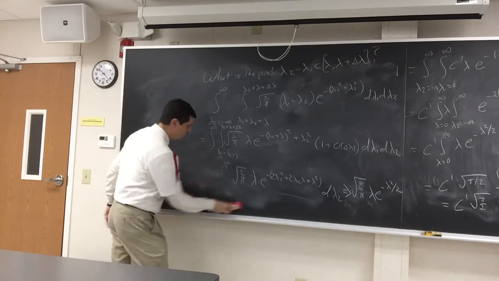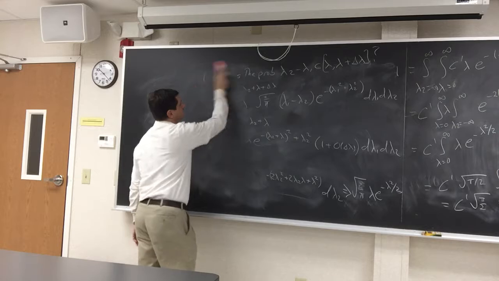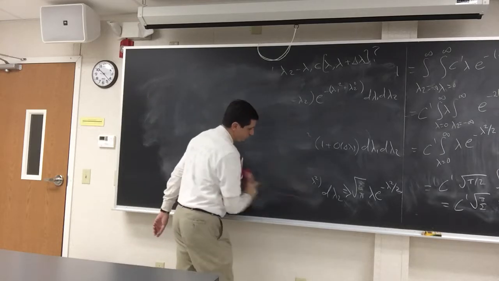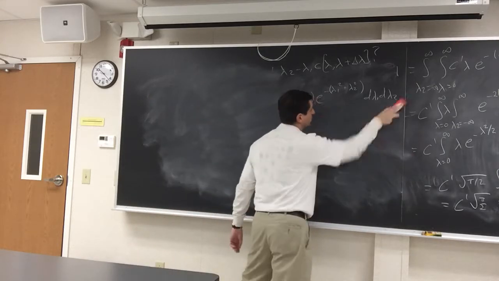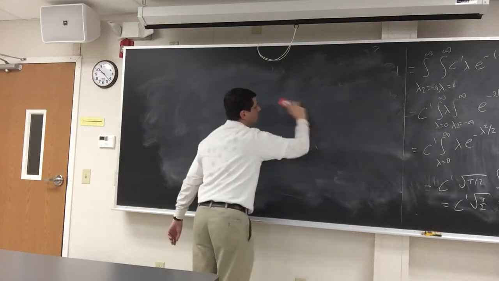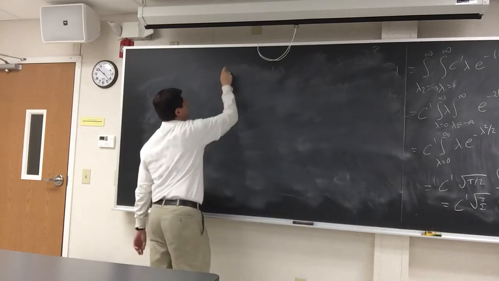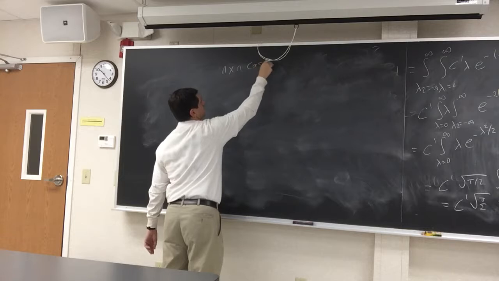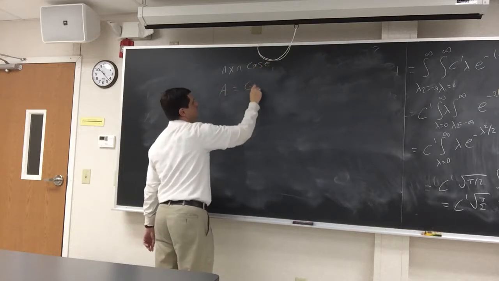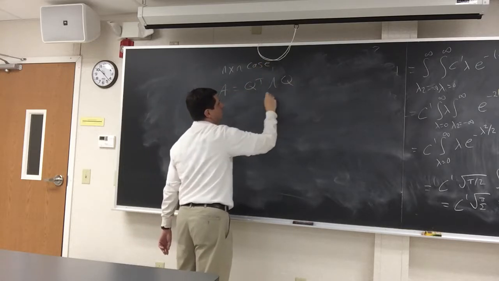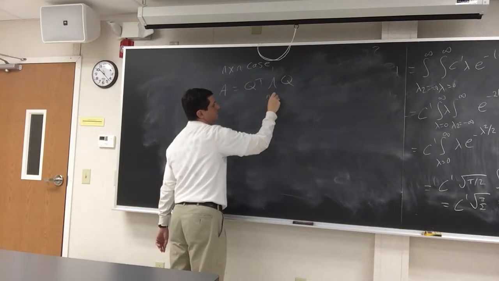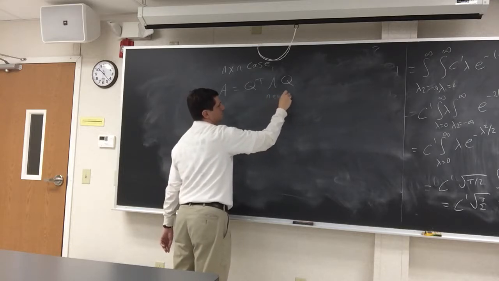So let's look at a general n by n matrix. And we want to see how this changes. So now it's the n by n case. So A is still Q transpose lambda Q. This has n eigenvalues.